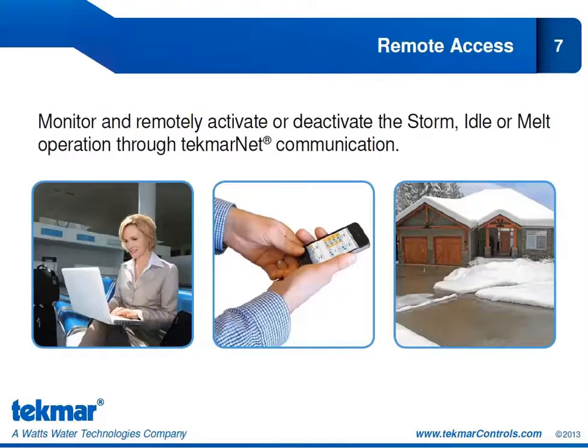Of course, now that we have tekmarNet communication, we can also take advantage of remote access. So we can monitor and remotely activate or deactivate the storm, idle, or snowmelt states using tekmarNet communication.